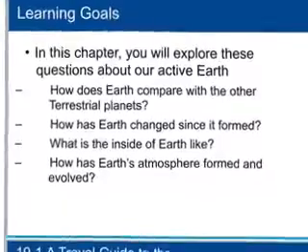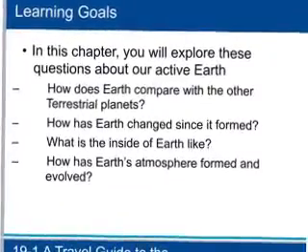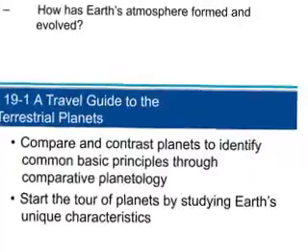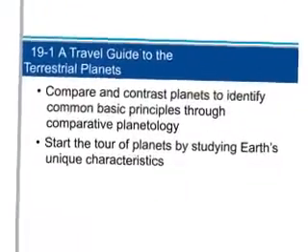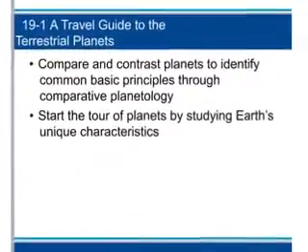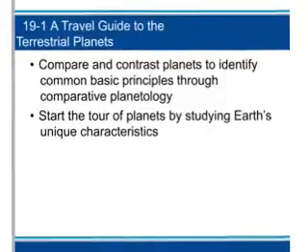Our learning goals for this chapter: we're going to be able to answer questions, particularly how the Earth compares with the other terrestrial planets. Earth is one of the terrestrial planets, and we'll also look at how it has changed since it formed. Another goal is to compare and contrast all of the planets to identify common basic principles.